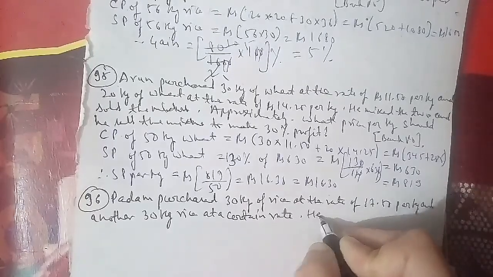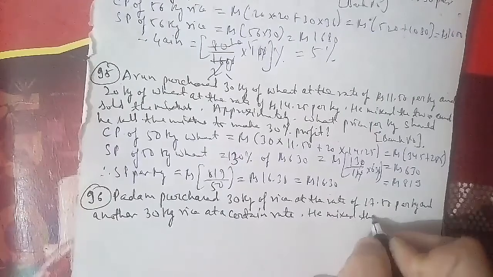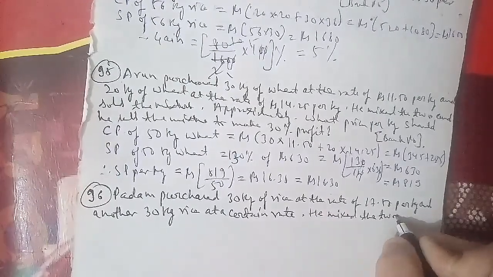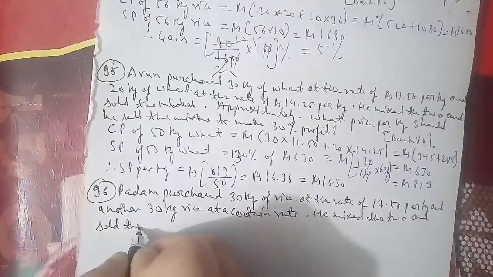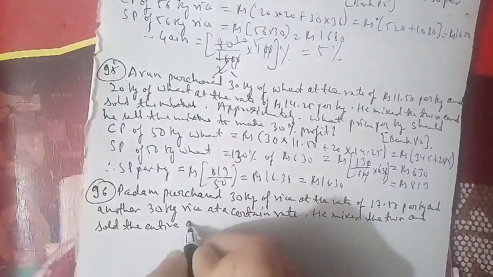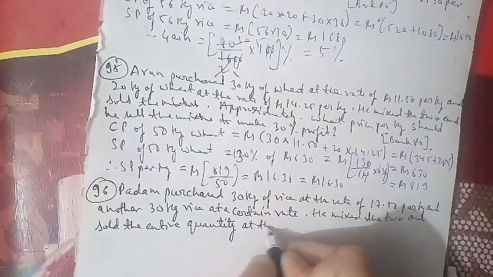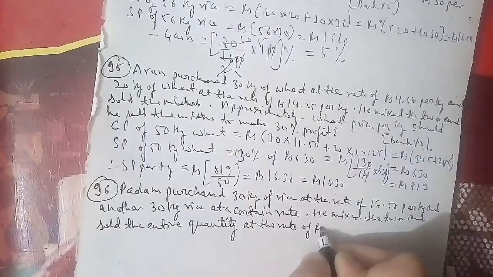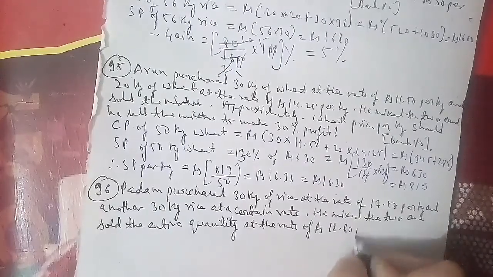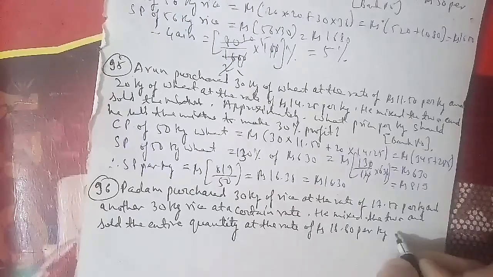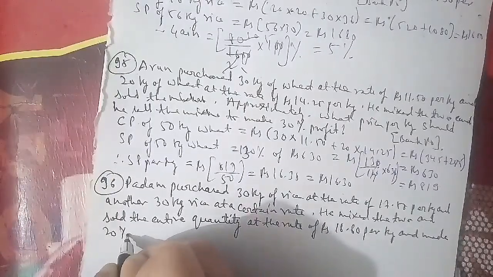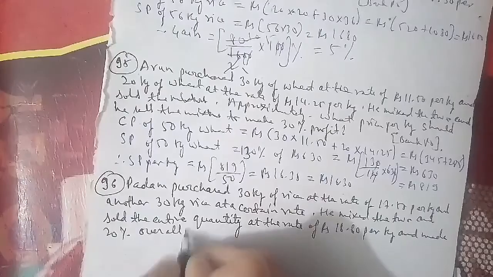He mixed the two and sold the entire quantity at the rate of rupees 18.60 per kg, and made 20% overall profit.